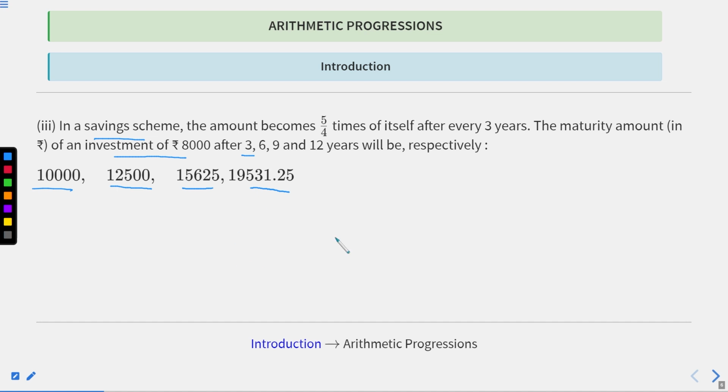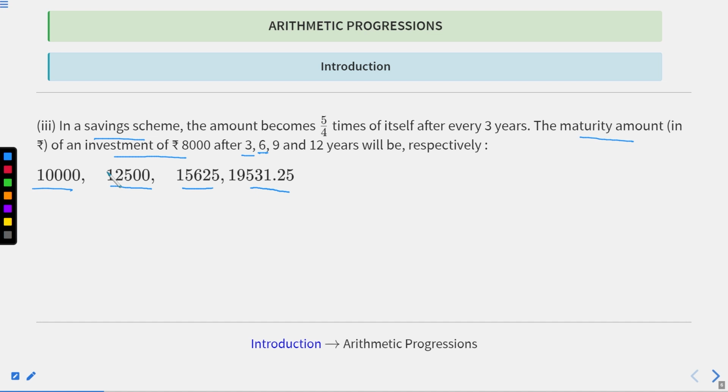After 3 years, the maturity amount of an investment of rupees 8,000 will be 10,000. After 6 years, it will be 12,500, and so on. Here you also see some patterns. We will discuss these examples in detail in our arithmetic progression topics.